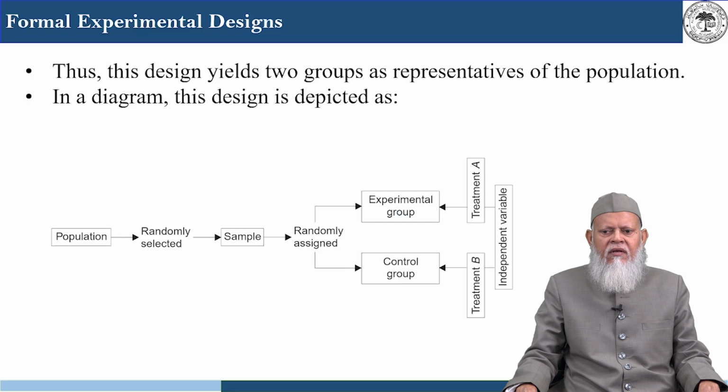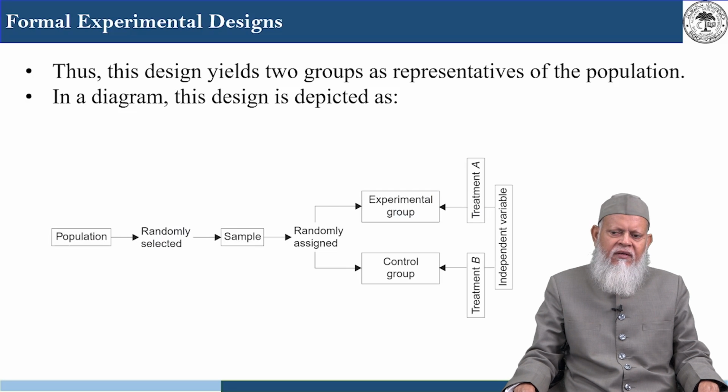There is a population which has been defined. A sample has been randomly selected. Now, from this sample, the members or items of the sample have been randomly assigned to experimental group and control group.